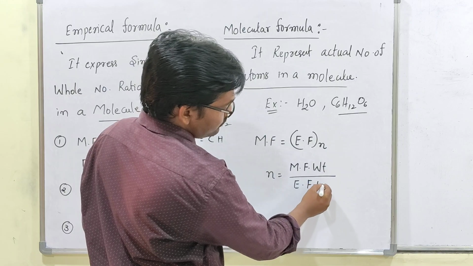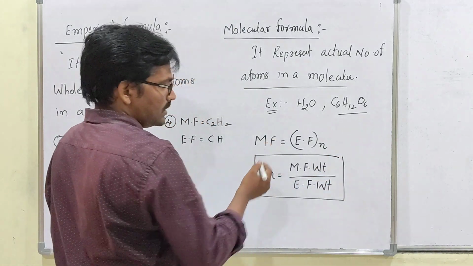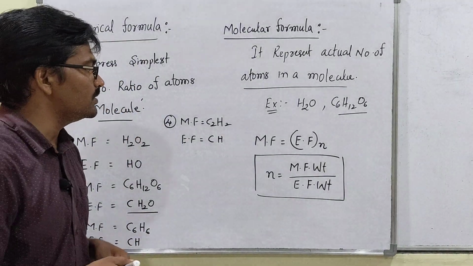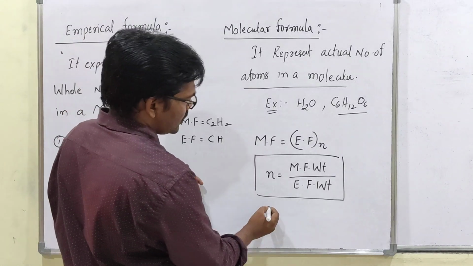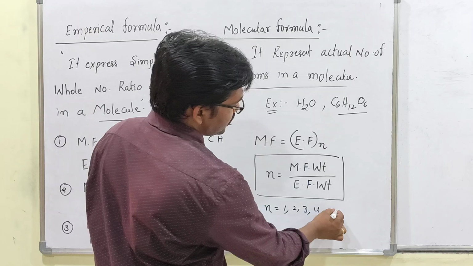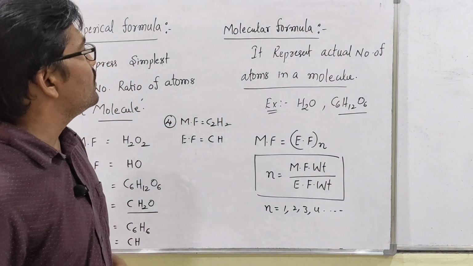This is a very, very important relation. N is a natural number, it can be 1, 2, 3, 4, etcetera.